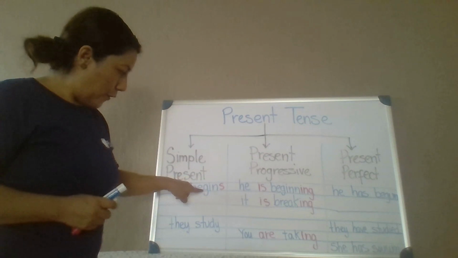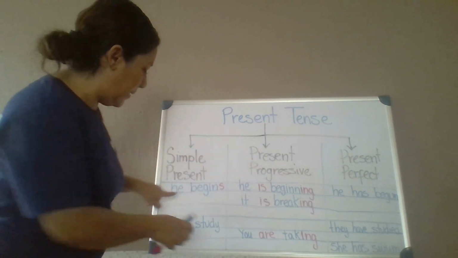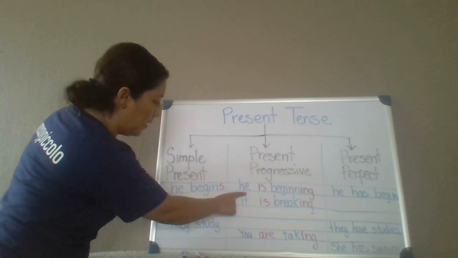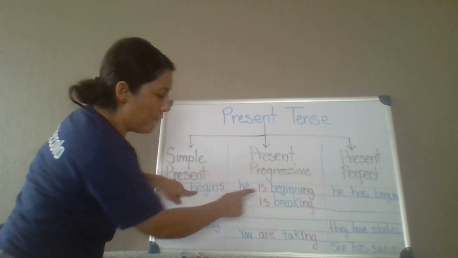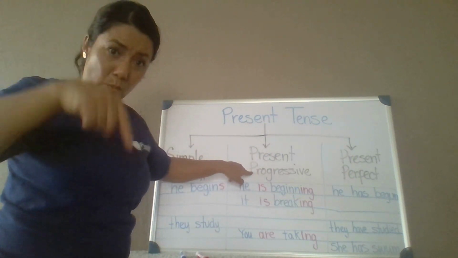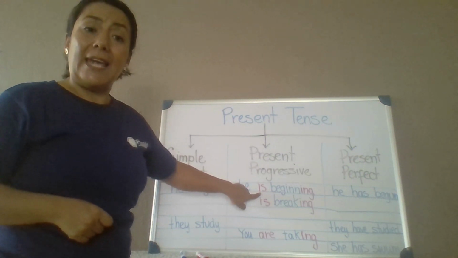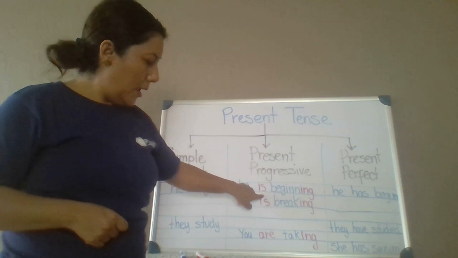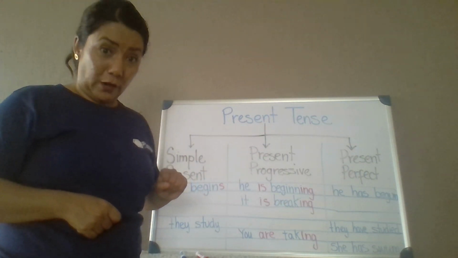That same verb with the same subject in present progressive would be he, because it stays the same. He is beginning. We keep the same verb, begin, but in present progressive, what is happening right now, we need a helping verb, singular, plus ing at the end of the verb.